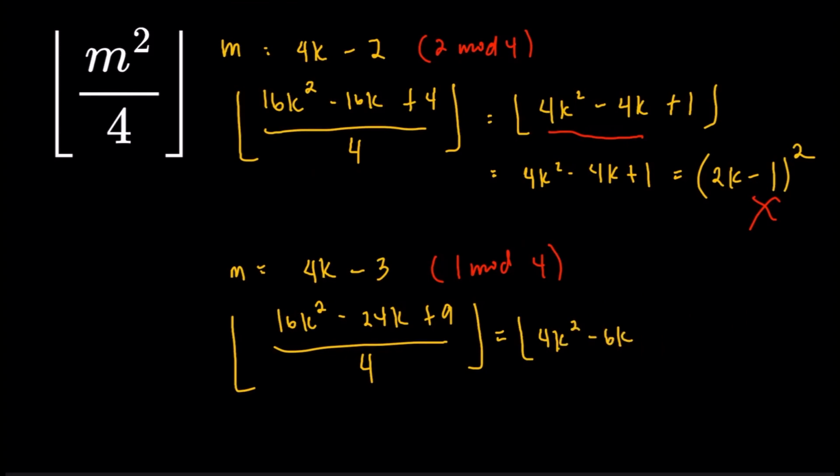And then 9 over 4, well, that's just 9/4. But I'm just going to write it as 2 and a 1/4, because I want to say that this part is an integer, and we're just adding 1/4 to an integer. It's not going to reach the next integer yet. So the floor of this one would just be 4k squared minus 6k plus 2.